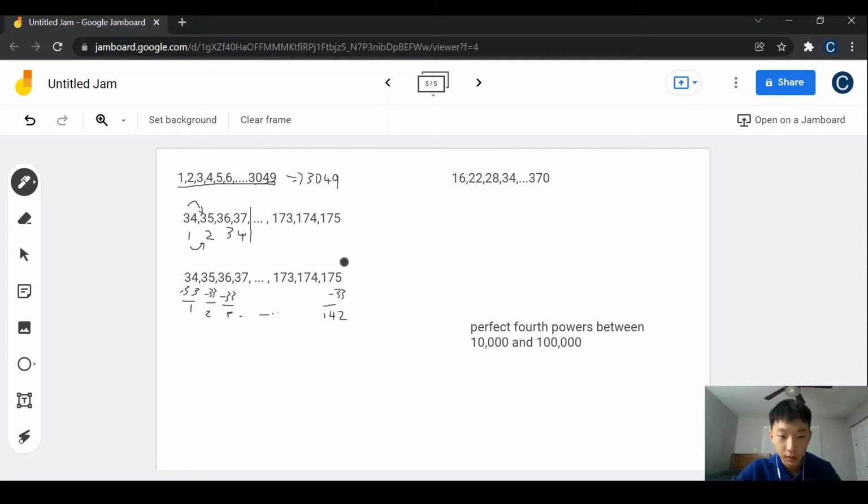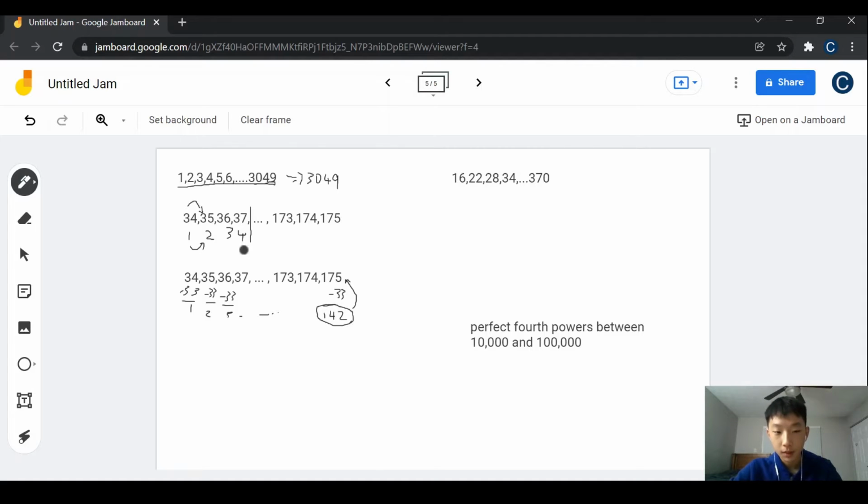So now we know that the list 34, 35, 36, 37 all the way to 175 has the same number of elements as the list 1, 2, 3, 4, 5 all the way to 142. And we know that this list has 142 elements, so this list also has 142 elements. So this is a way to count a list of numbers that doesn't start with 1.